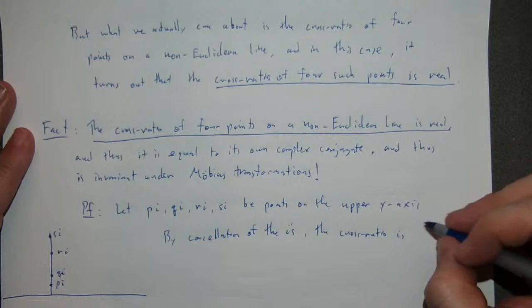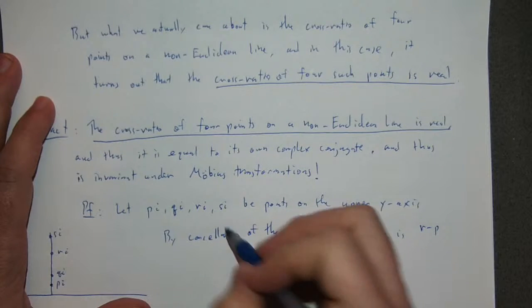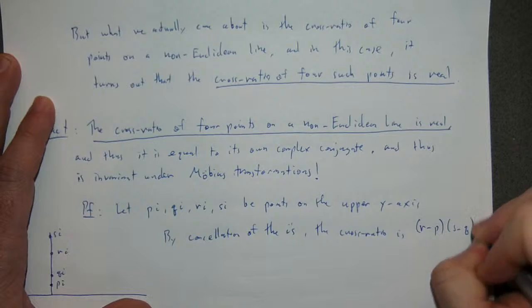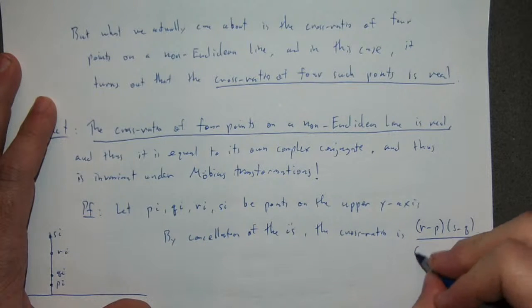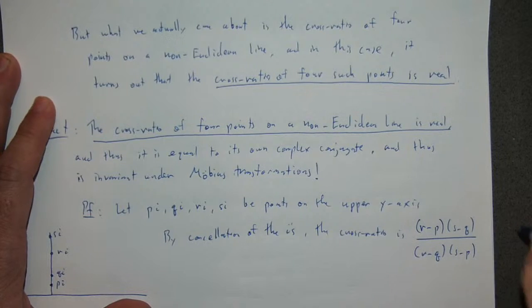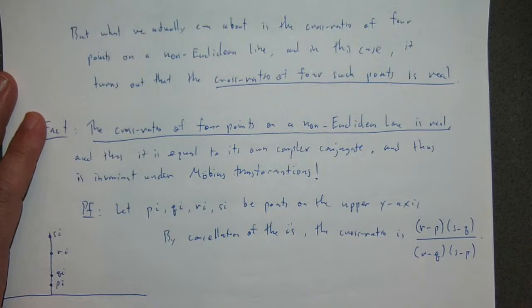So it would be, written in this order, R minus P times S minus Q over R minus Q, S minus P. Okay. All right. Now, it turns out this is the only thing we need.